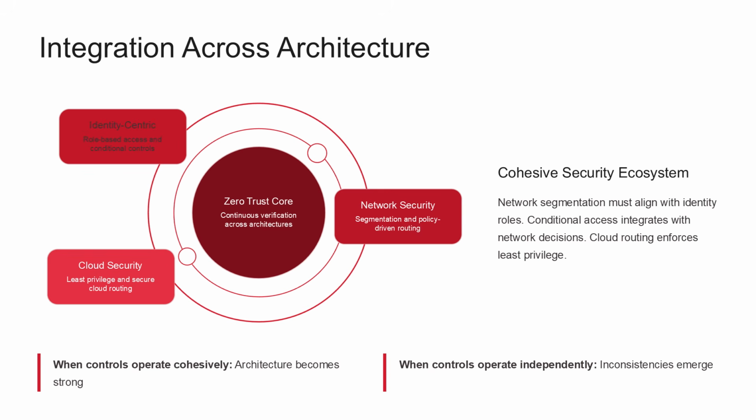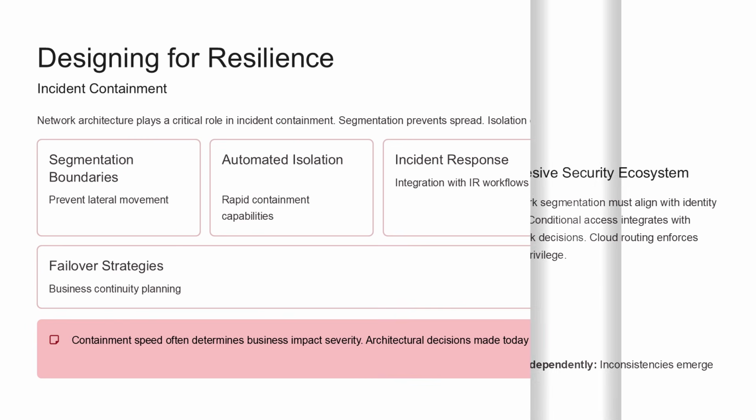When identity, network, and cloud controls operate cohesively, architecture becomes strong. When they operate independently, inconsistencies emerge. As an enterprise security architect, your responsibility is integration. You must design the network as part of a broader security ecosystem.